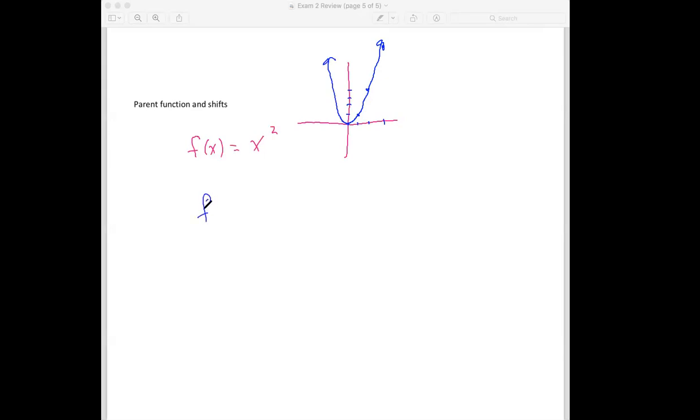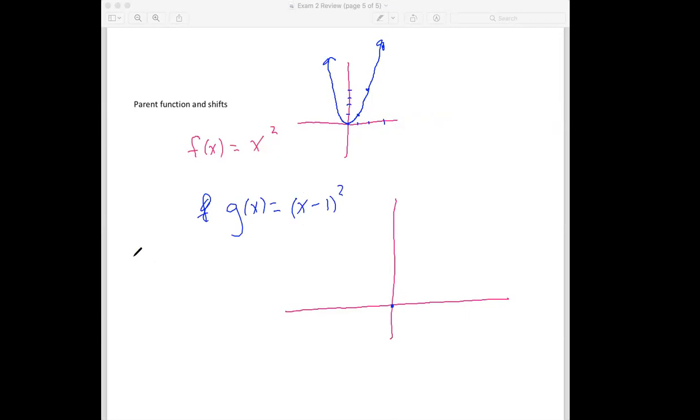Now let's say that I change this to g of x equals, how do I want to shift it? Right 1. x minus 1 squared. Well, what's this going to look like? If we put in a 0, what are we going to get out?